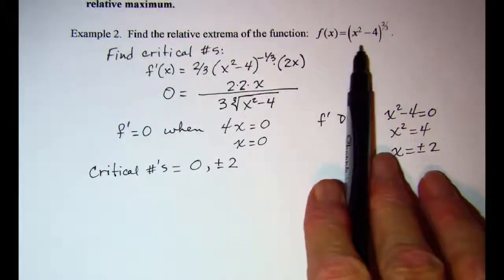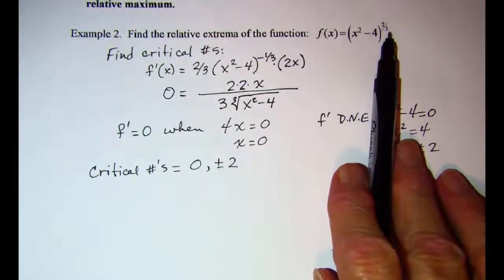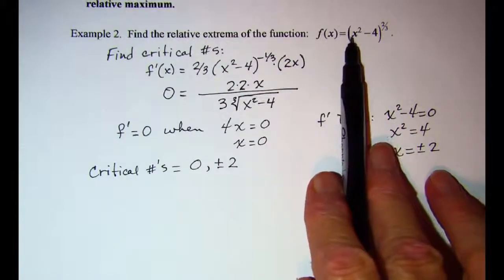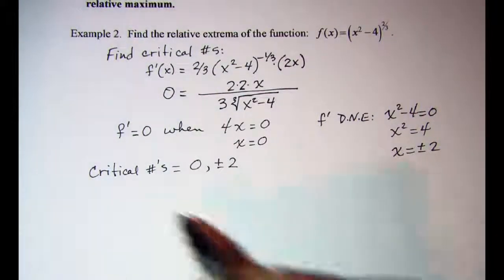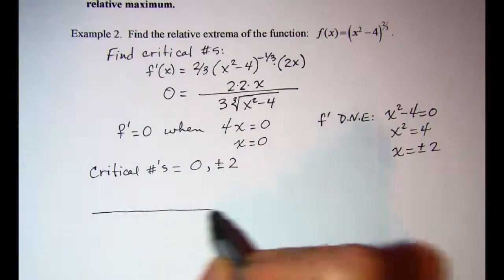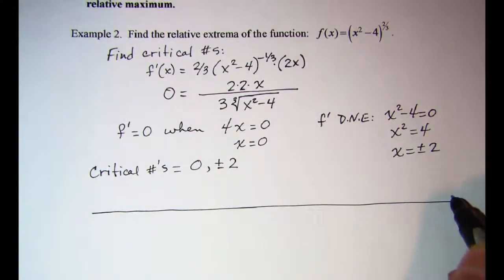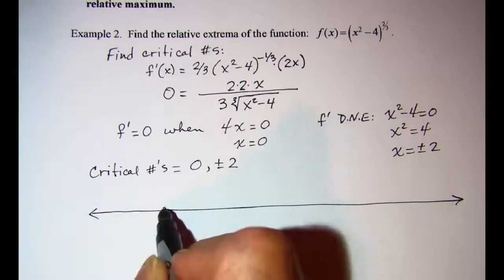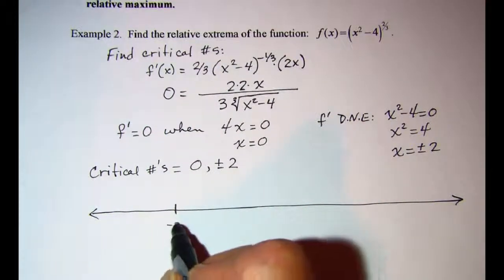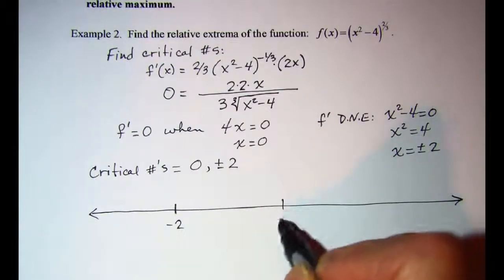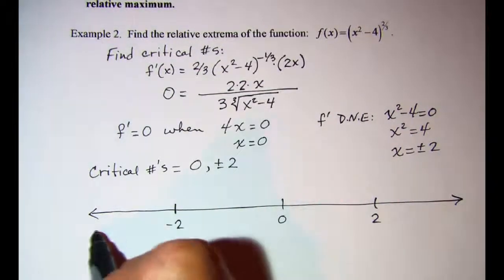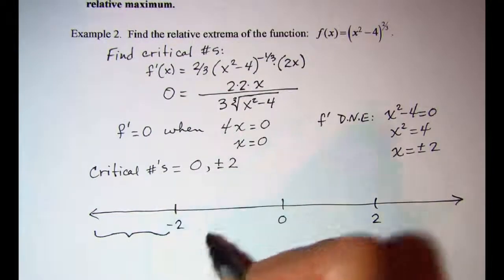Now we don't have a specific interval to work with here, so my set of real numbers is divided into 4 intervals by our critical numbers.